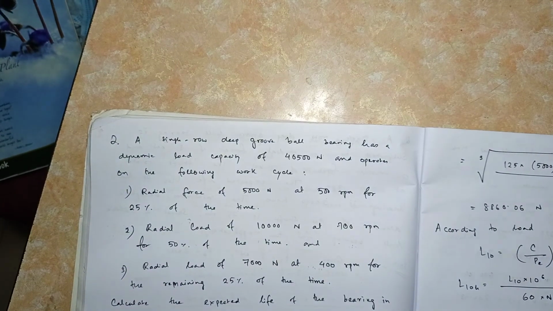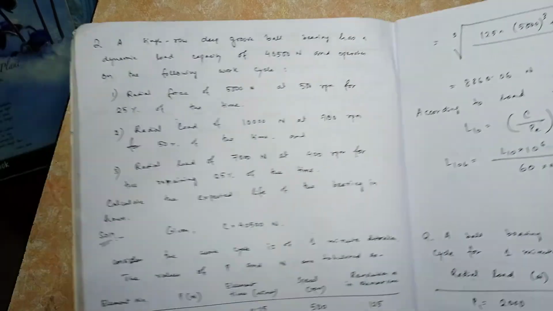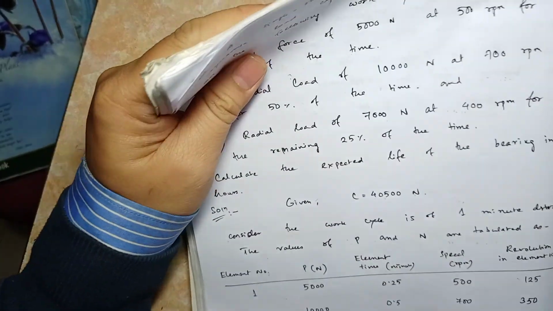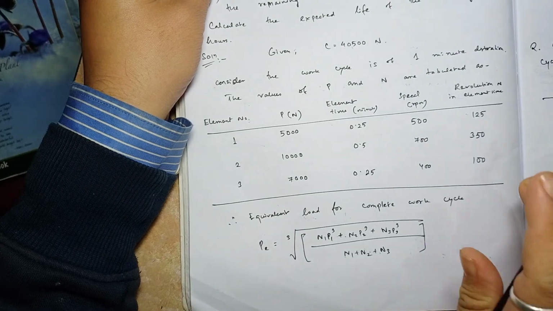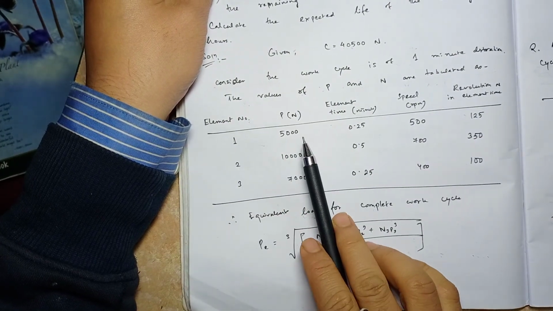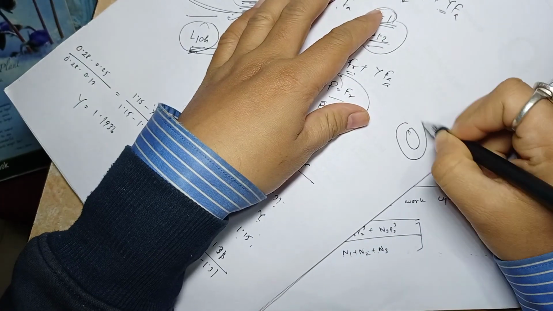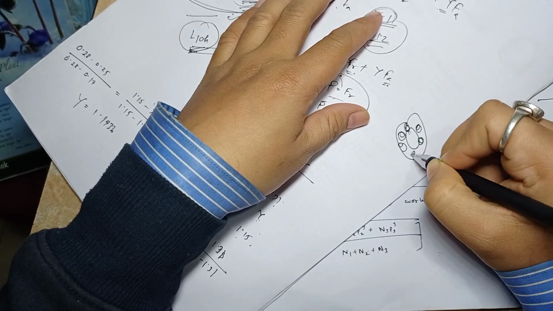Okay, now this is the problem for bearings which are subjected to constant axial and constant radial loads. Now for bearings which are subjected to fluctuating loads, let's say one bearing is under operation within 5 minutes.